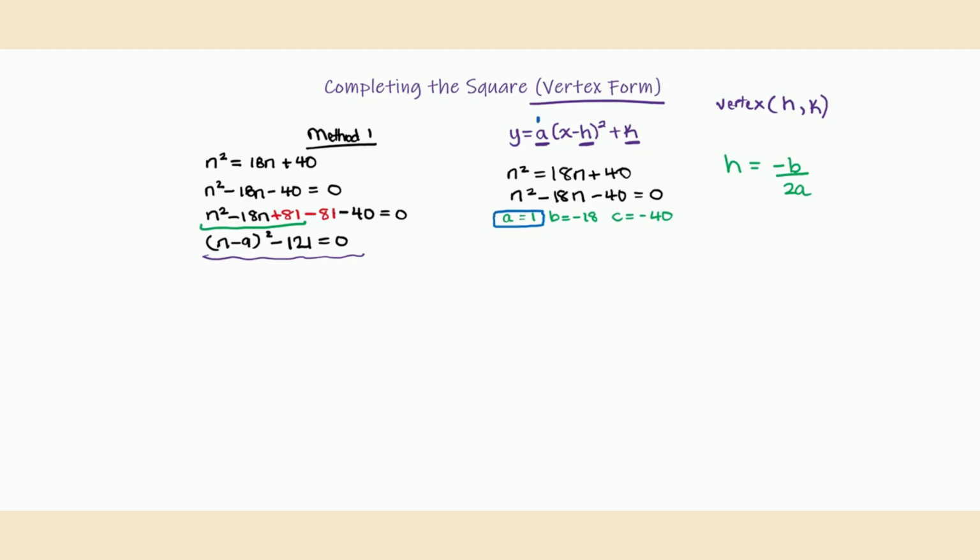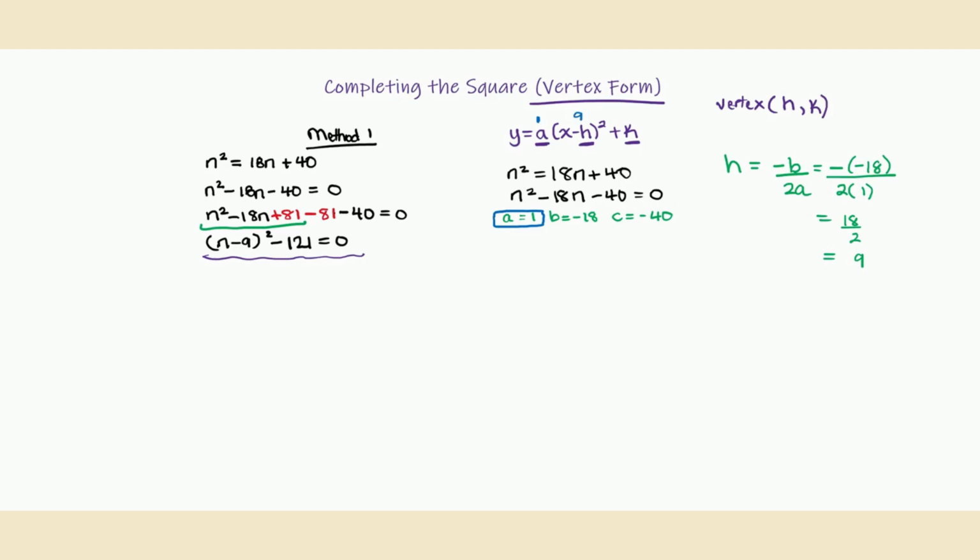Now let's find h. b is negative 18, so negative b would be negative 18, which is just positive 18, divided by 2 times a, which is 1. So 18 divided by 2 is 9. And so already we know a and we know h, which is 9.